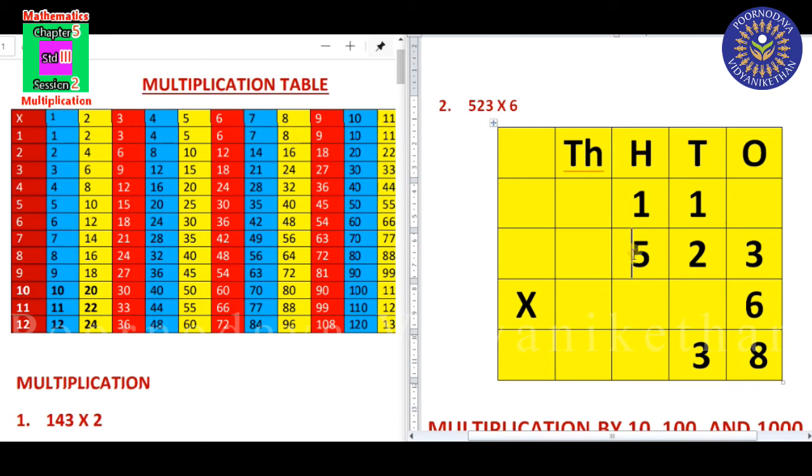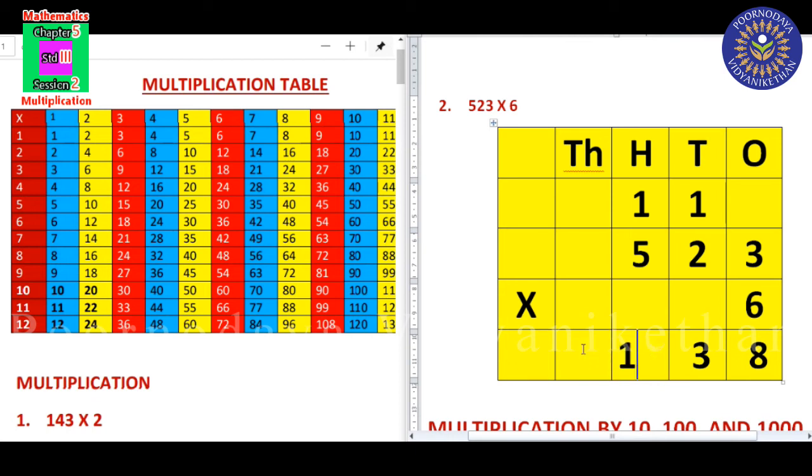Again in hundreds place there is 5. 5 multiplied by 6. 5 1 is 5, 5 2s are 10, 5 3s are 15, 5 4s are 20, 5 5s are 25, 5 6 are 30. 30 plus 1, 31.